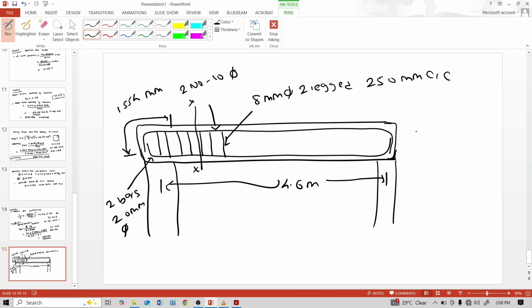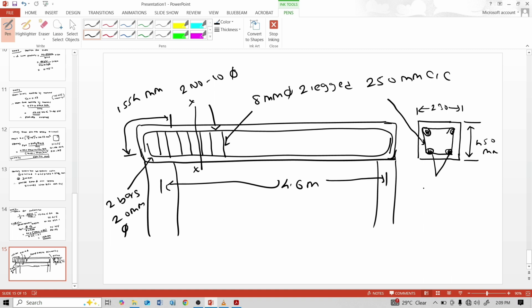Section XX of this beam is 2 leg stirrups, two anchor bars, this stirrup 8 mm, 2 leg, and these two number of bars, 20 diameter, and these two number of bars, 10 diameter.